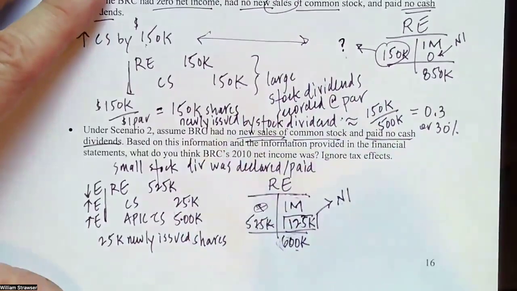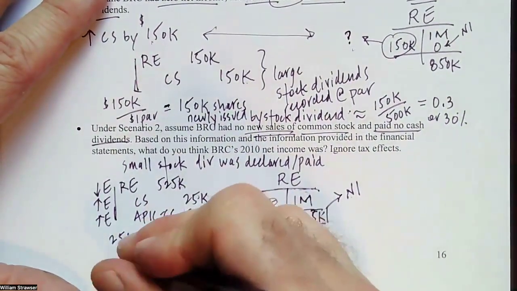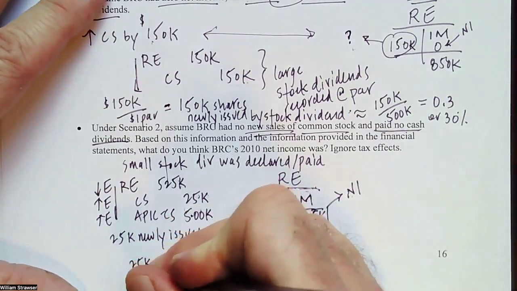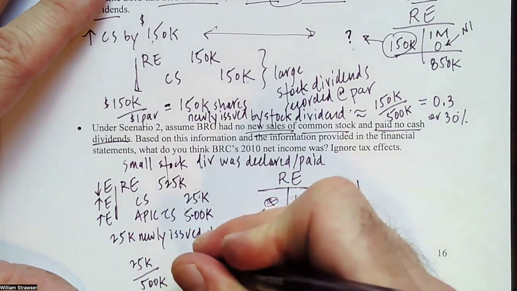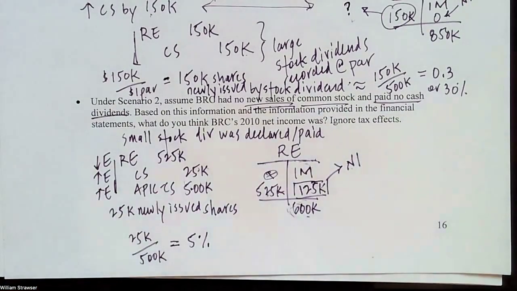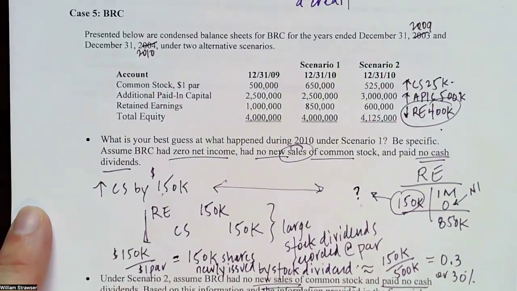And we can verify that it was appropriately a small stock dividend by taking 25,000, dividing it by 500,000, and that gives me a 5% increase in shares, which is underneath the threshold of what we would consider a large stock dividend. Right? So that is case number 5. Okay. I'm just going to break these out into a video each.